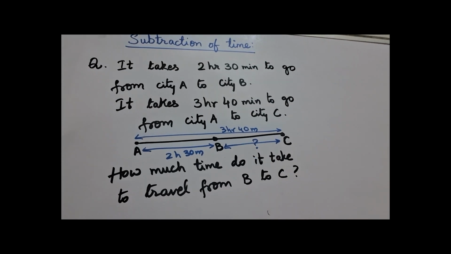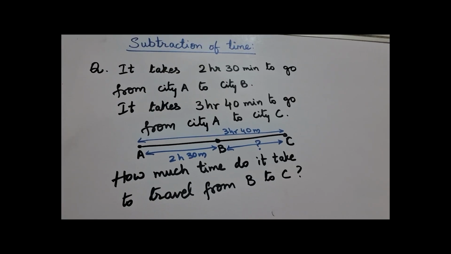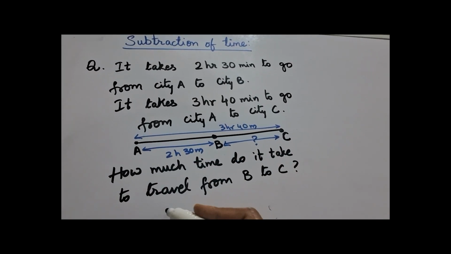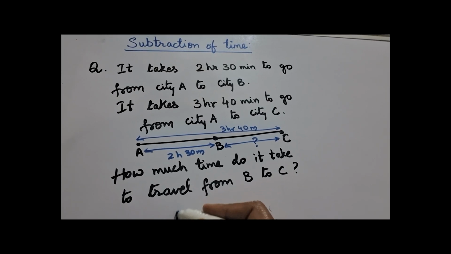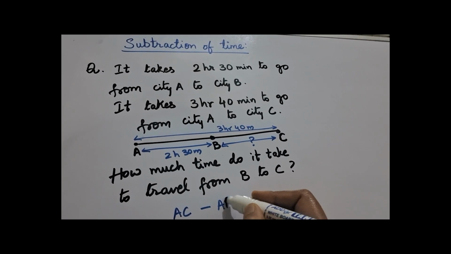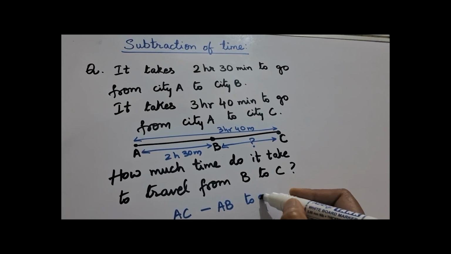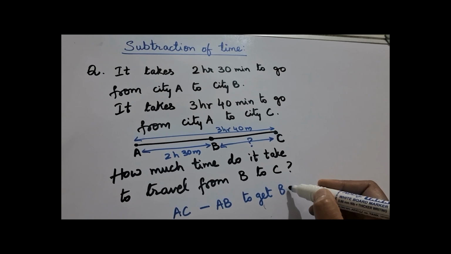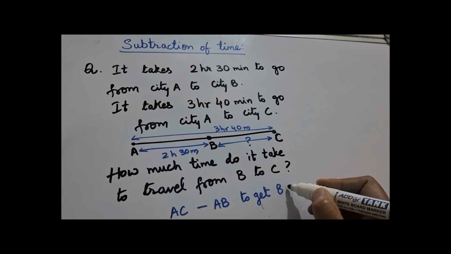So now we will learn how to subtract times. To solve this question, we need to subtract AC time minus AB time to get the time taken to travel from B to C. Okay children?